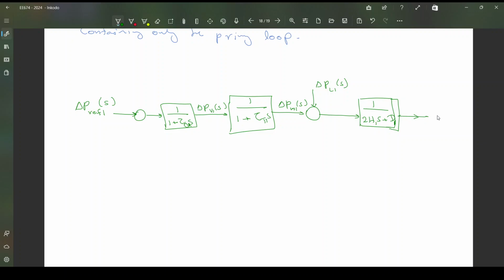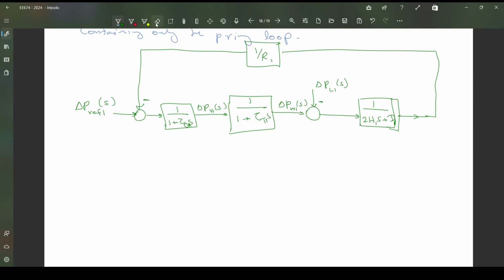And then from here comes the 1 over R1, which is fed into here. This would be minus, and this would also be minus, right?